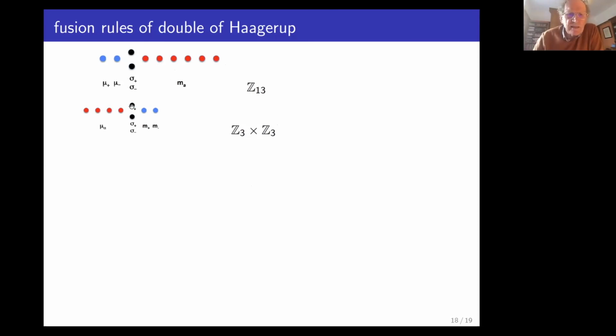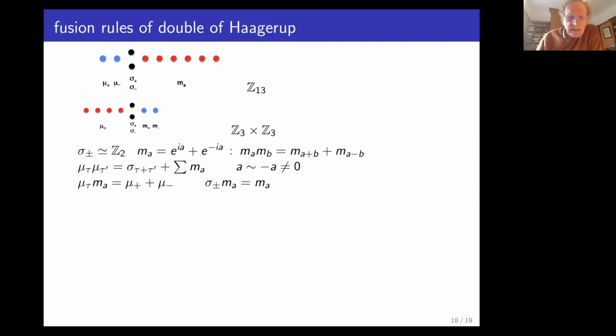The identity gives me these 2 black nodes here. That leaves 8 elements in the group. I identify half of them with each other, so that leaves just 4. And then there are these 2 twisted fields. So that's the fusion rules I had before for each of these parts separately.